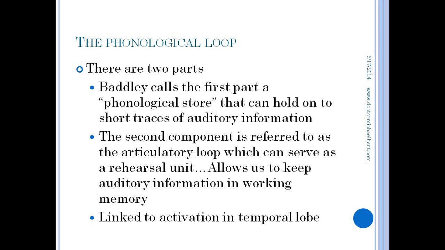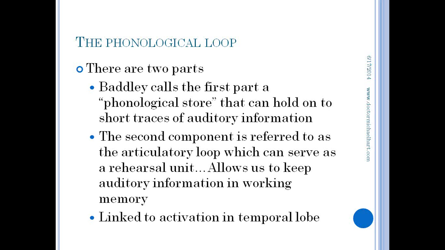Now, it won't float away if you work on rehearsing it. It's like a phone number. Somebody gives you a phone number orally. You're going to repeat it, so it goes from working memory to short-term memory to hopefully longer-term memory. So the second component is referred to as the articulatory loop, which is kind of like a rehearsal unit. This allows us to keep this auditory information in working memory while we're manipulating it to perform some kind of a task.